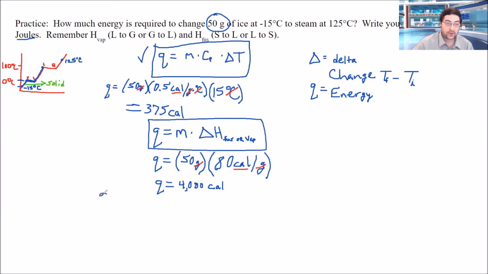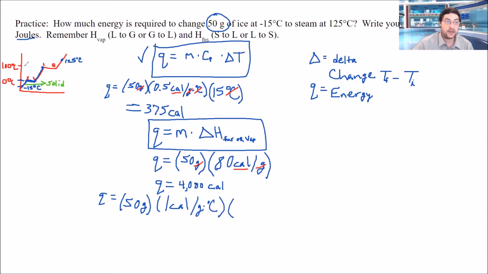Okay, so we can say Q equals, the mass is still 50 grams, the specific heat. At this point, we are liquid. The water or the substance is now liquid water. So the specific heat for liquid water was 1 calorie per gram degree Celsius. And then that last one was delta T, the change in temperature.